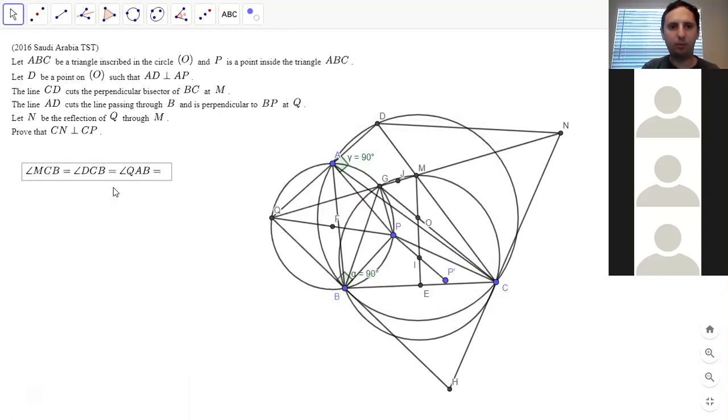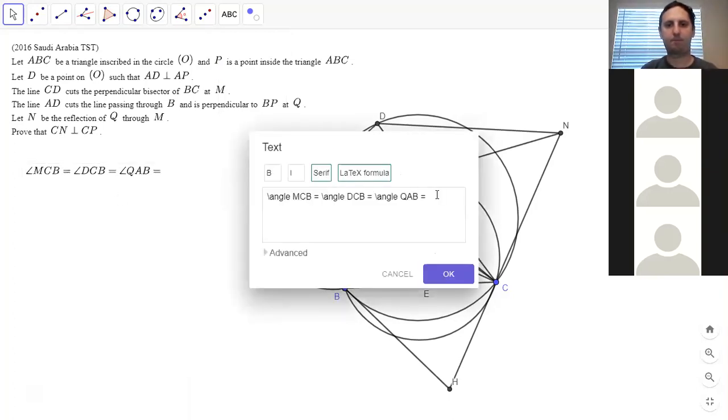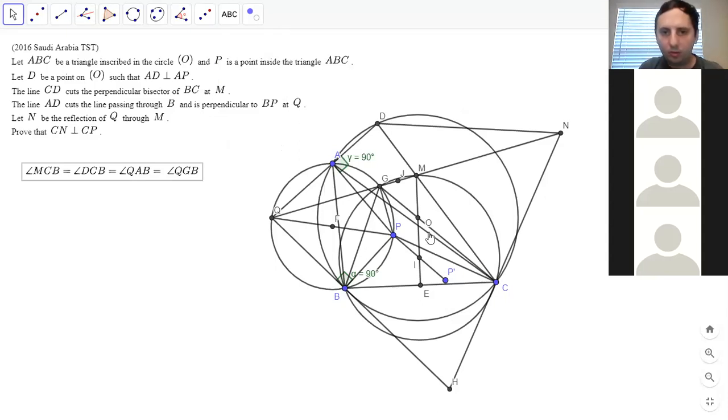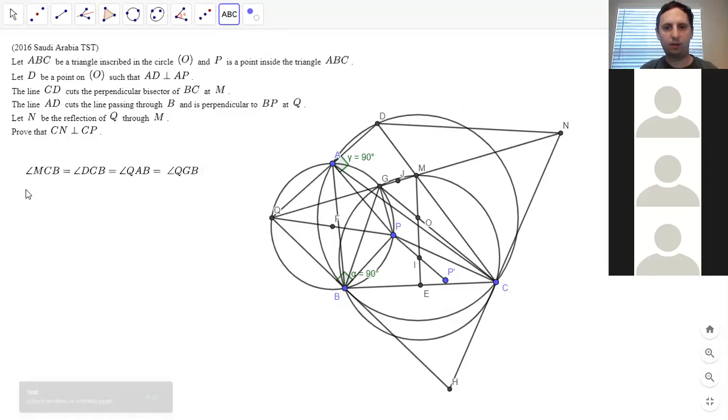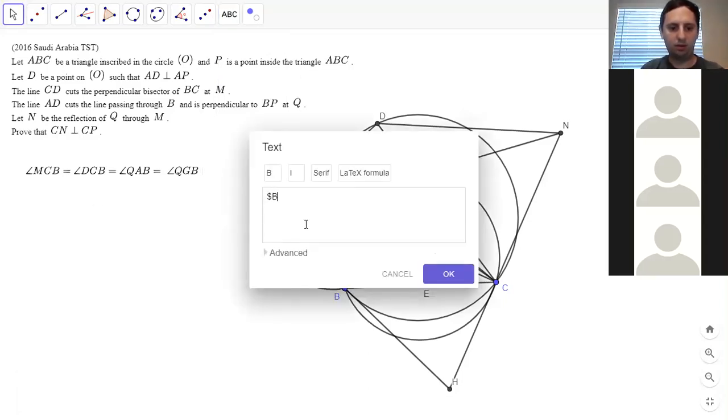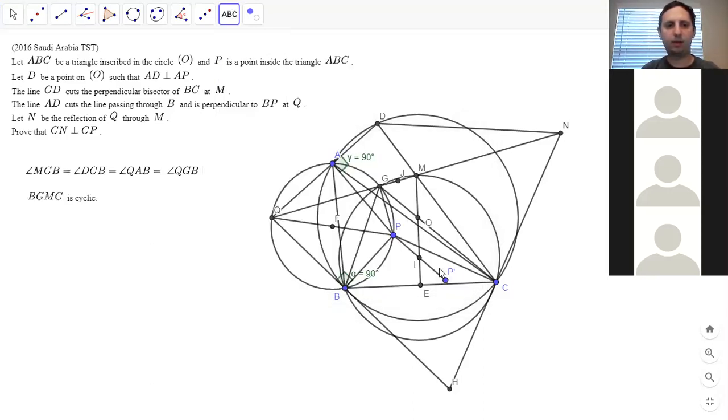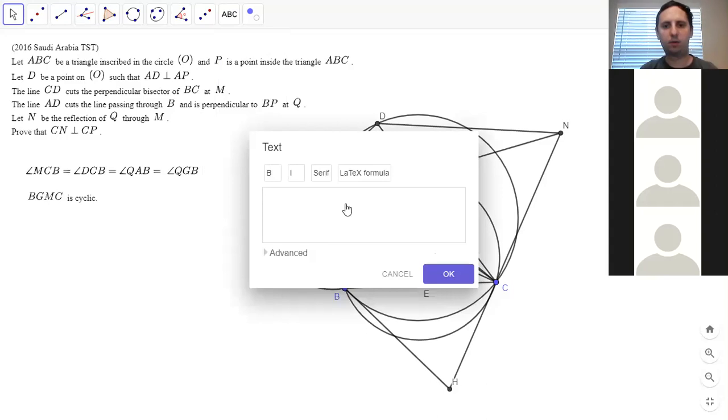QAB, which is QGB. And so BGMC is cyclic. And then we could say let I be the center of that circle.